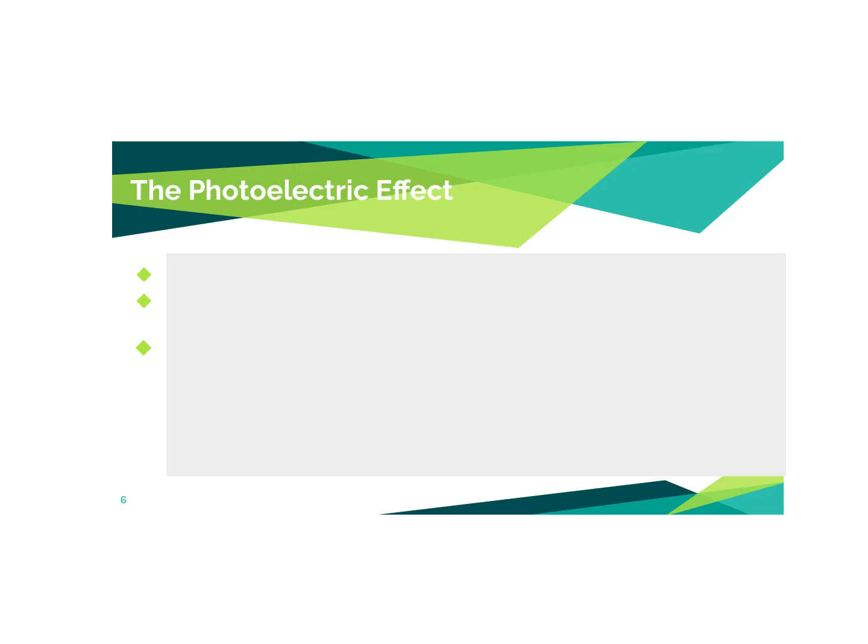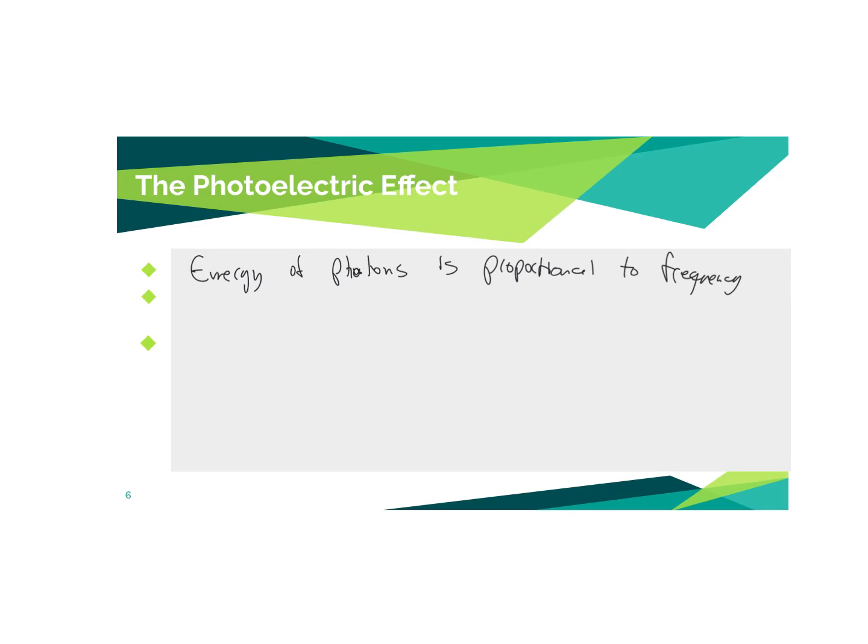Now, because of the photoelectric effect and because of the observation that the energy of the photon is proportional to the energy of the electron that's ejected, there's a few conclusions that we can make here. The biggest one being that energy of photons is proportional to frequency. And it's proportional using this equation here.